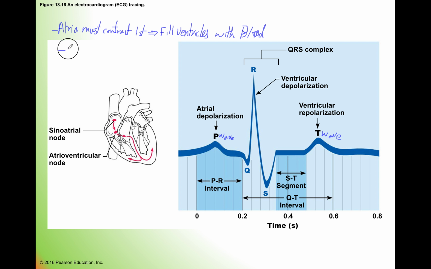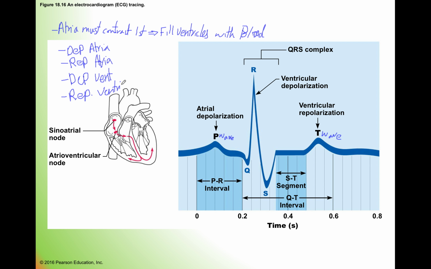So the four steps start with depolarization of the atria, followed by repolarization of the atria. You also have depolarization of the ventricles, and lastly, repolarization of the ventricles.